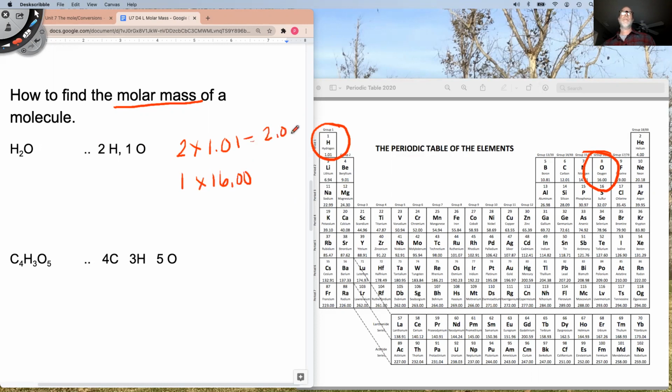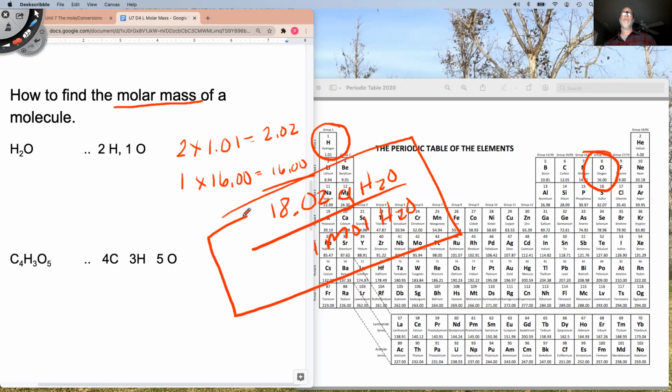That equals 2.02 plus 16.00, which equals 18.02 grams of water per every 1 mole of water. And that, ladies and gentlemen, is the molar mass of water.